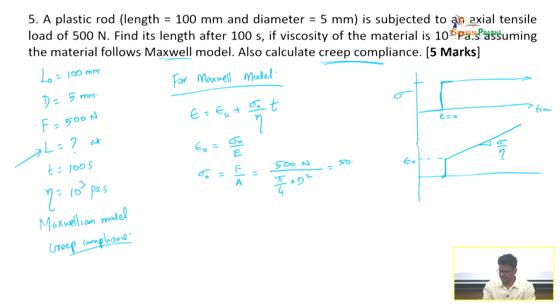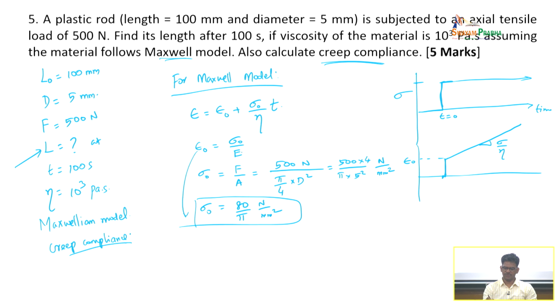So, this is 500 into 4 by pi into 5 square, in units of Newton per mm square. That is basically 80 by pi Newton per millimeter square. This is the actual stress applied to the material. But to calculate epsilon naught, you also need Young's modulus, and Young's modulus is not given. So, you have to keep it as such.